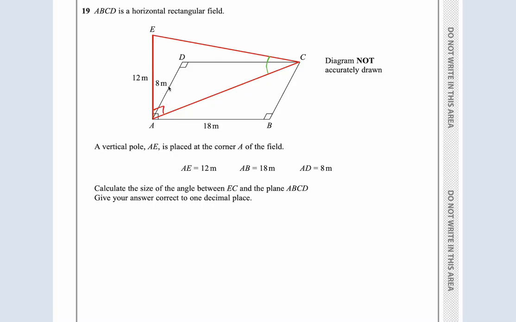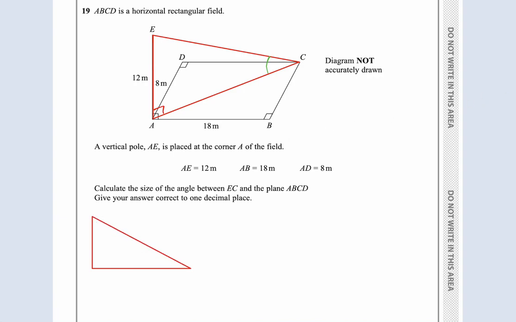Okay, now that 8 meters is this. The 12 meters is the height, fine. But this triangle, I'm now going to actually draw it again over here. And I'm going to draw it this time with a right angle so you can get a better visual of what's happening.